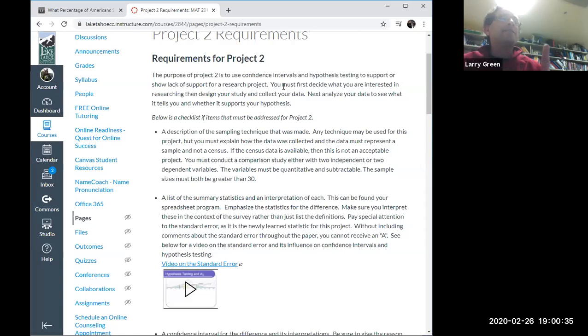The next thing you should do is post on the Project 2 discussion forum what your idea is so I could look at it and tell you if it's going to work or not. And what I want you to post is the null hypothesis, the alternative hypothesis, and how you're going to collect your data. Any questions on that first? Okay, so that's what I want you to post, and I'll look at it and let you know if it's going to work or not.